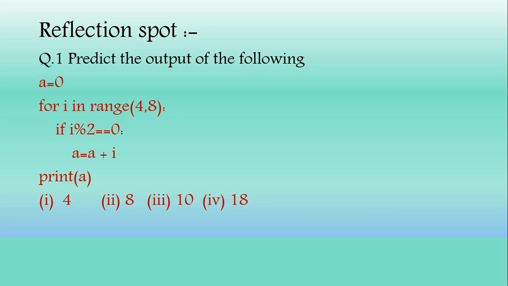Then you will get the similar pattern on the output screen. Now it's your turn to guess the output of this question which is on the screen. Predict the output of the following. The first statement is a equals 0, meaning the initial value of a is 0. Then we are writing a loop: for i in range 4 comma 8, colon. We have put one condition through an if statement: if i mod 2 double equals 0, colon, a equals a plus i, print a.